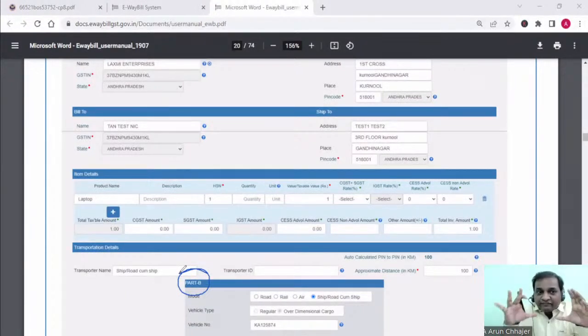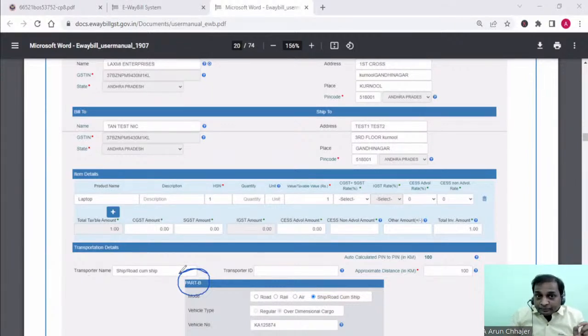Sir, part A will have the information which you have on your tax invoice. Maybe supplier name, customer name, value of the goods, quantity, address, HSN code, etc.